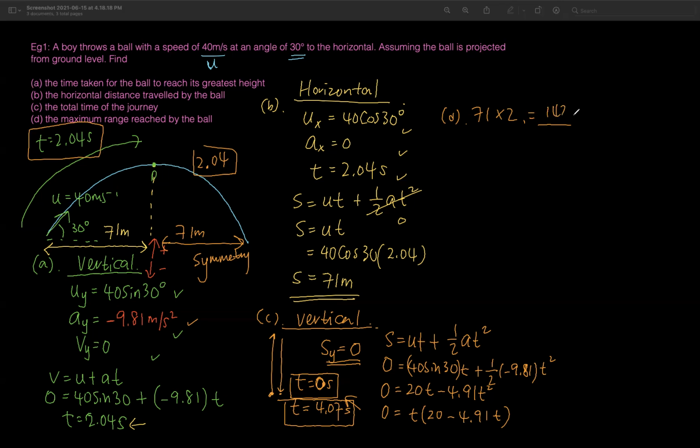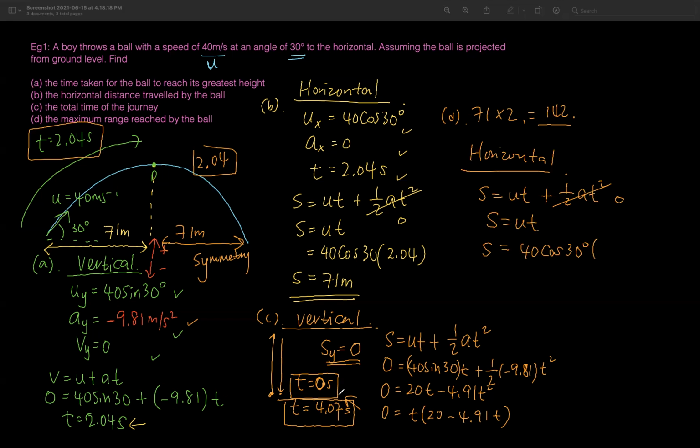Okay. If you want to solve using the equation of motion, no problem. You can assume horizontal. Then I know horizontal as ut plus half at squared. This is 0 as ut. This one I already know. u 40 cos 30.